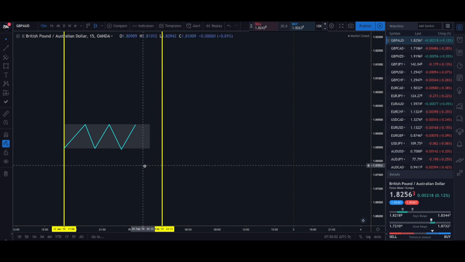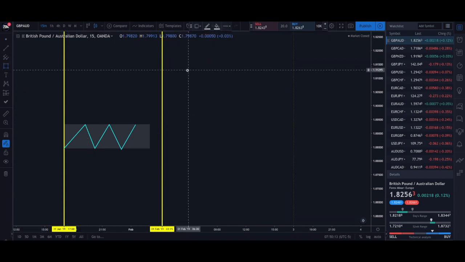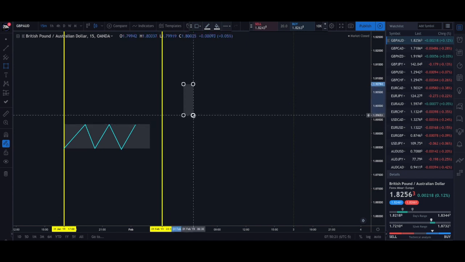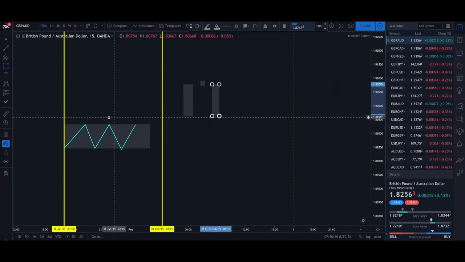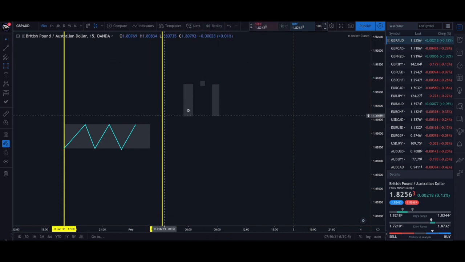Another thing that you will see is star formations. You'll see those develop right at like 2:15, 2:30. You'll see one bar here, and then you'll see something like that. You'll see the star formation at the top of the Asian range, at the Asian range high.